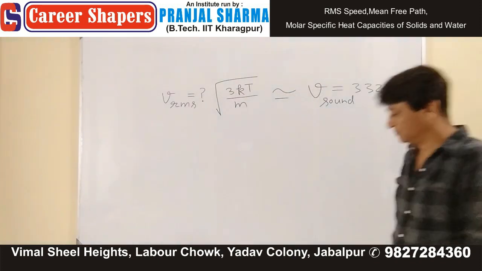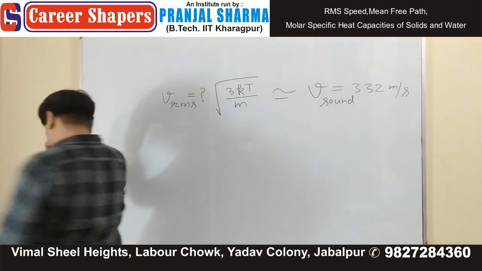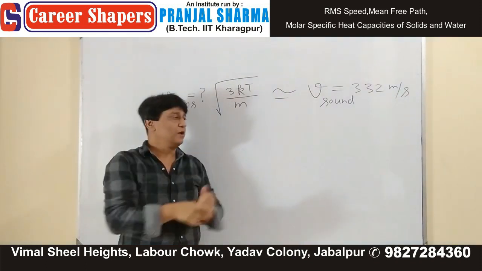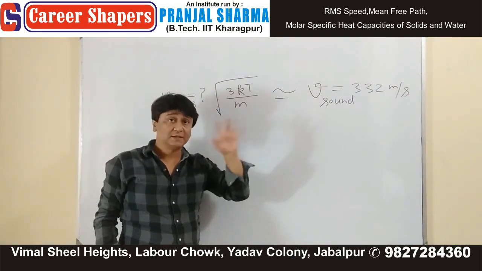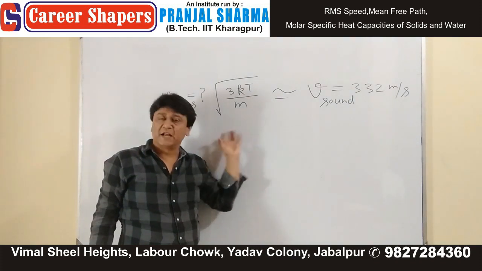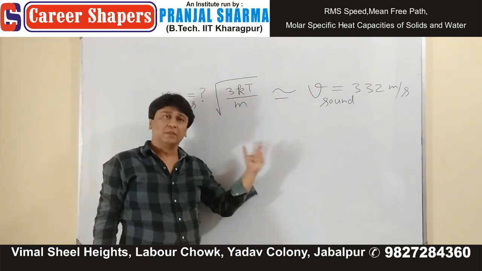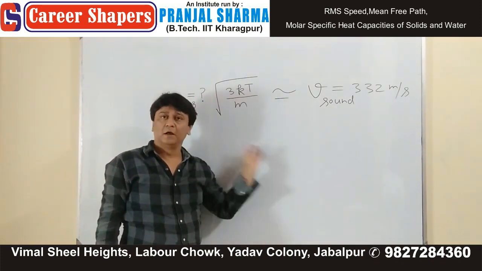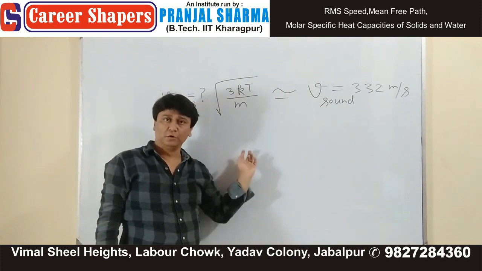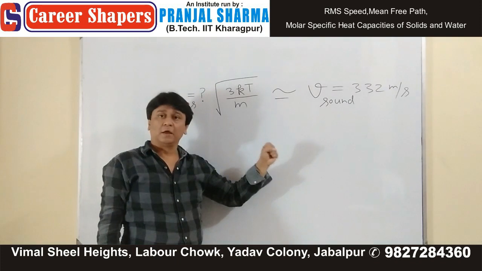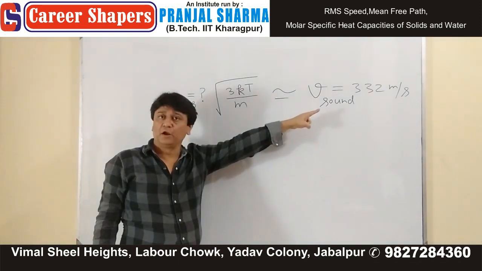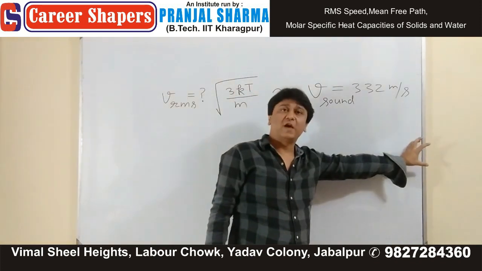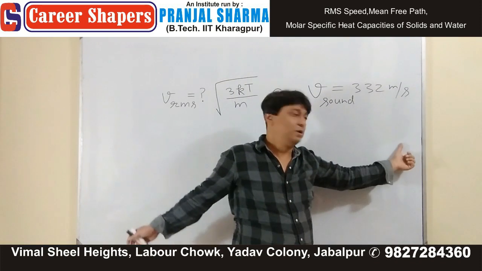In other words, if we have a gas cloud present at one position, then this result or this information is suggesting that all the atoms or molecules of that gas cloud are moving with 332 meters per second, and therefore gas cloud can move very fast from one place to another.